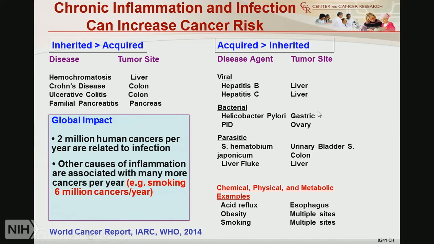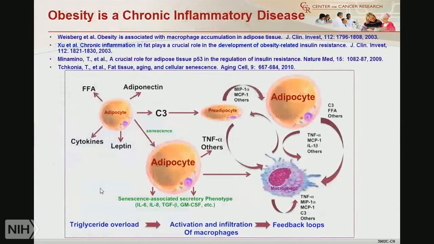Unfortunately, that's not the case. So these other causes of inflammation are associated with many more cancers per year. And for example, smoking, about 6 million cancers per year in the world. It's the leading cause of cancer in the world by far. I mentioned obesity. Now, there have been two very important observations or periods of observations on obesity.